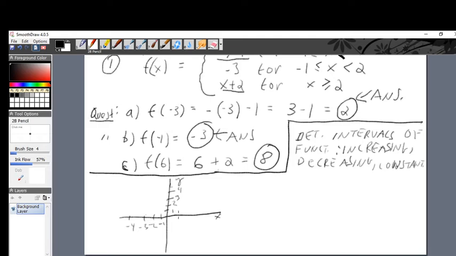This is 1, 2, and 3. And here's what the function looks like. Right over here, there's a little circle, and it's filled in.